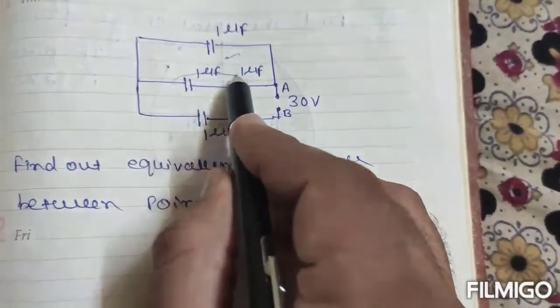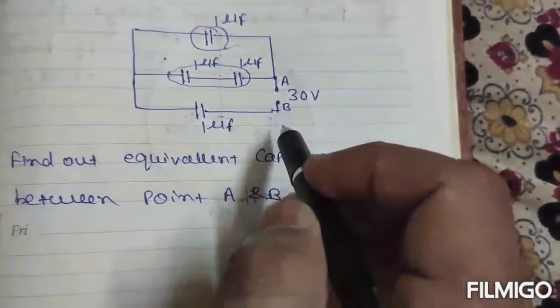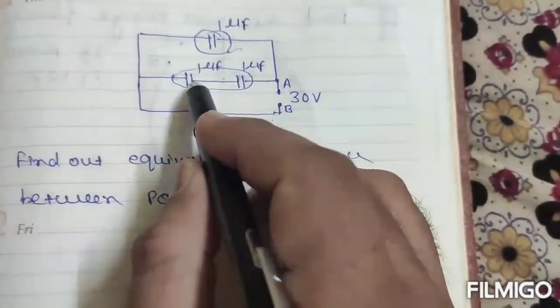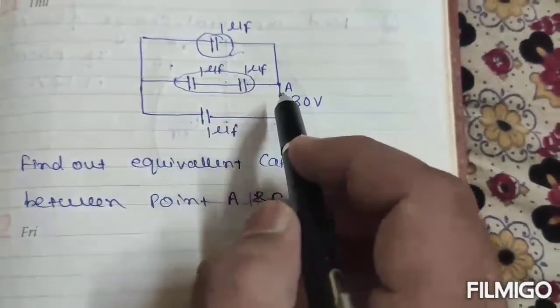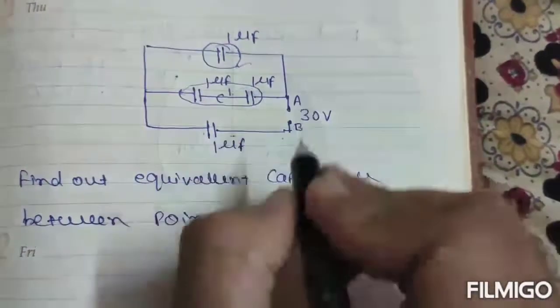So these two are now parallel with this one, right? Because these are two ways, but these two are in series. Okay, so we can write the series formula. Let us take this one as C dash.